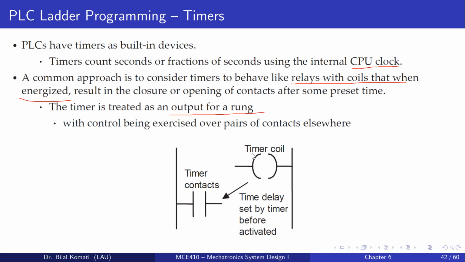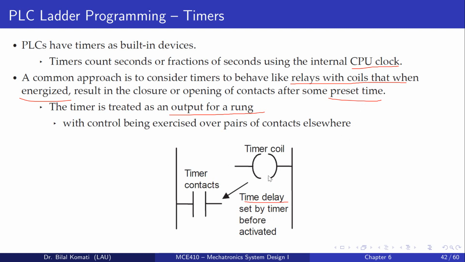So the idea is that we can set the timer and we can also preset the time required for the timer, and the timer can be used as a relay. Once we set it, it will count the time, so we'll have some time delay by the timer before the activation of the element.